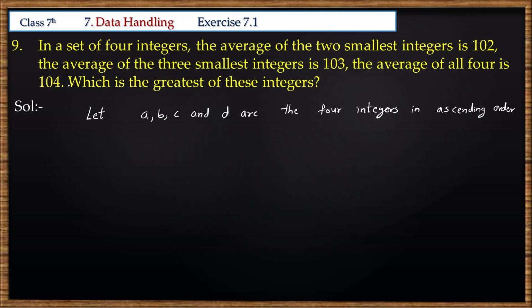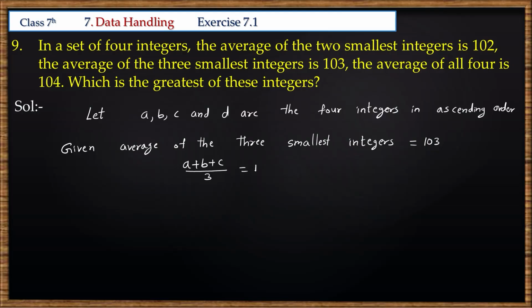By the second hint, the average of the 3 smallest integers is 103. Given: average of the 3 smallest integers is equal to 103. So a, b, c are the smallest integers in our assumption. So (a plus b plus c) by 3 will be equal to 103.